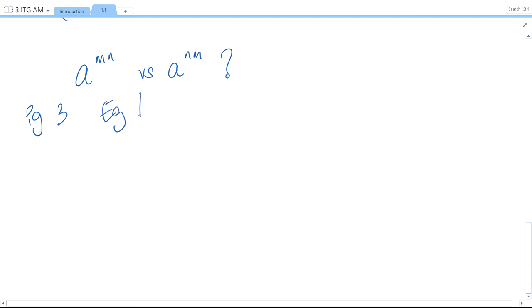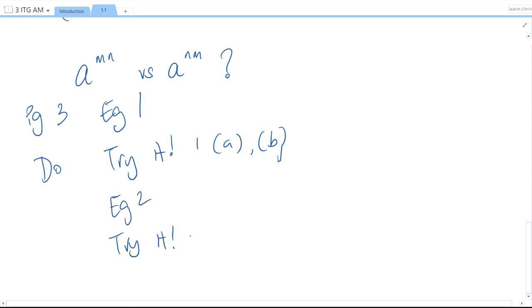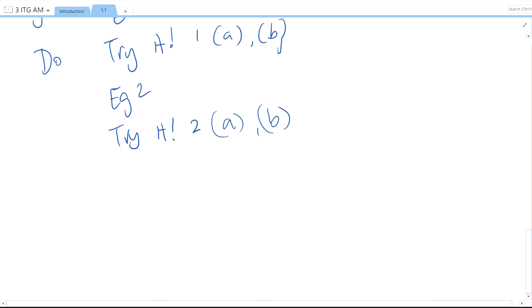Look through it, then do try it 1, A and B. Likewise, go on to example 2, try it 2, question A and B. If you are confident enough, you can go straight to try it 3, A and B. Okay, after you have done, check your answers at the back.